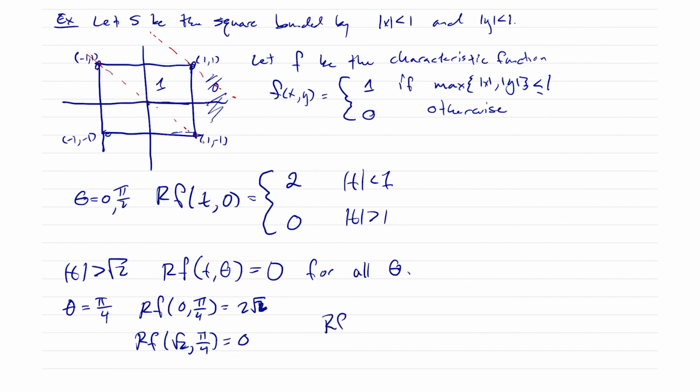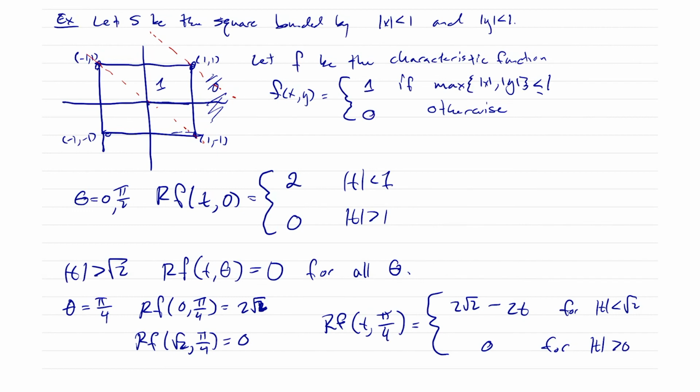So we see that Rf of t at pi over 4 is equal to 2 root 2 minus 2t for absolute value of t less than square root of 2, and 0 for absolute value of t bigger than root 2. So that gives you an idea of what's going to happen.